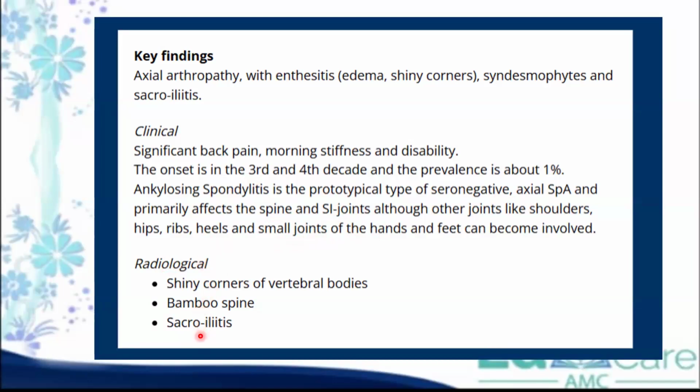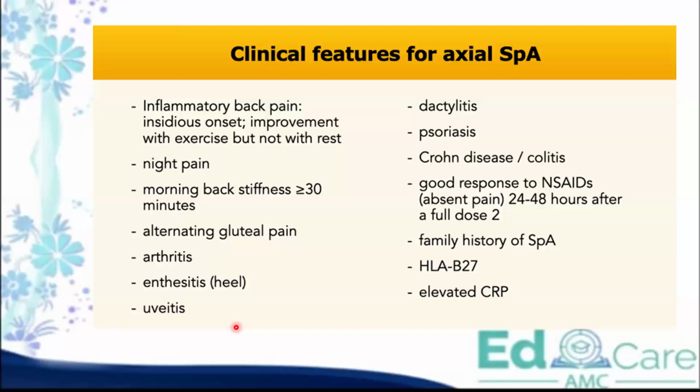So these are the radiological findings. We go through some x-rays so that if they give you an x-ray, you can always come to a diagnosis, right? So clinical features, what we spoke, and then there's pain at rest. This night pain is important in ankylosing spondylitis. Stiffness, again, it's inflammatory, so it's more than 30 minutes.